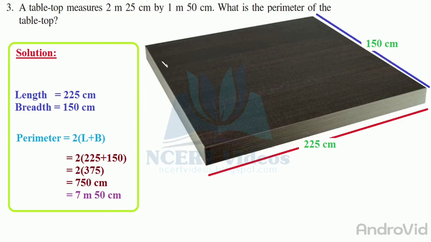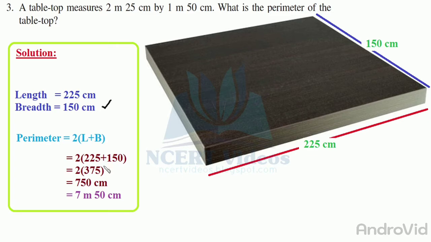This is 150. Now in the solution, length and breadth we have to write first of all. Then perimeter is just addition of the length and breadth and multiply it by 2. So we do the same. Length is 225 and breadth is 150 centimeter.